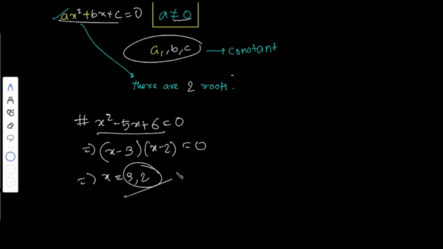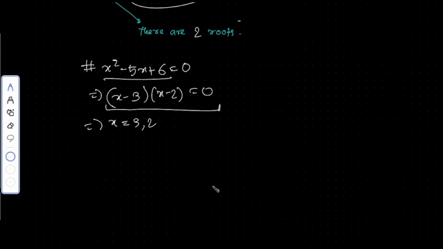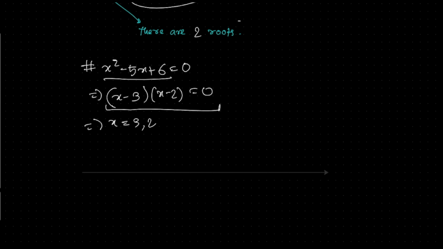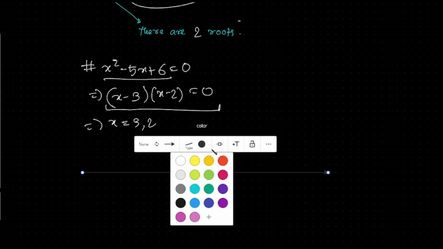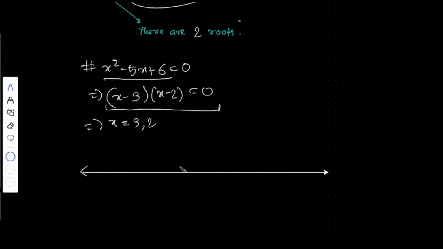How did it come? See here. We have done the wavy curve. Now for the wavy curve, we draw a line. What are the critical points here? 3 and 2.